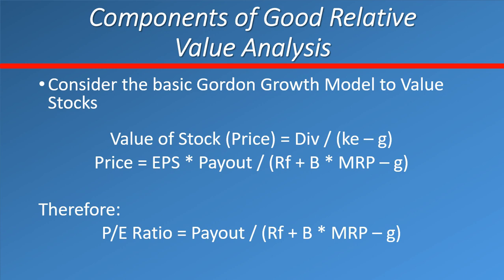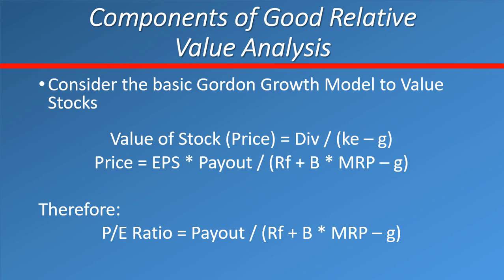What it says is PE ratios should equal how much the firm is paying out of its earnings divided by the risk-free rate. Well, that's just general levels of interest rates, plus beta, well, that's the specific risk of the company we're looking at, times the market risk premium, well, that's the general level of risk in the overall stock market, not specific to your company, but the overall market, minus growth of your particular company. That's something specific to your company.